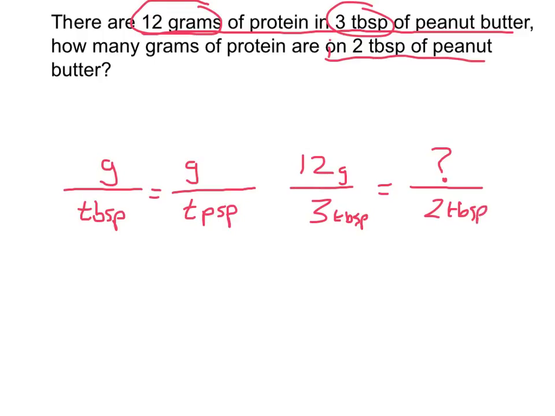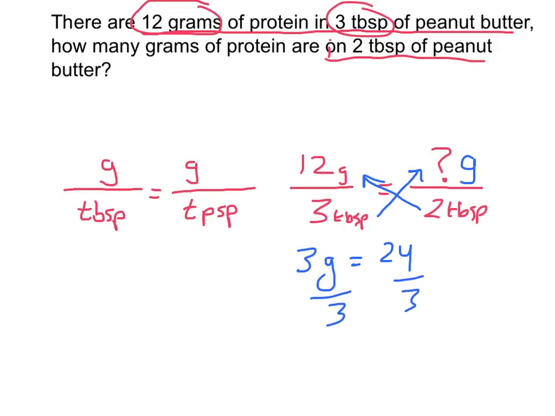So in this case I probably would put G for grams. So I'm going to find the cross products. 3G equals 24. If I divide by 3 to isolate G, G equals 8. So this is a word problem, and it would not be a correct answer unless I specify what 8 is.